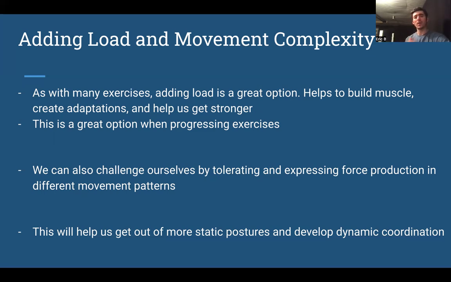This will help us to get out of static postures, develop better dynamic coordination, and develop better postures and all that. We want to be able to move out of different planes of motion.